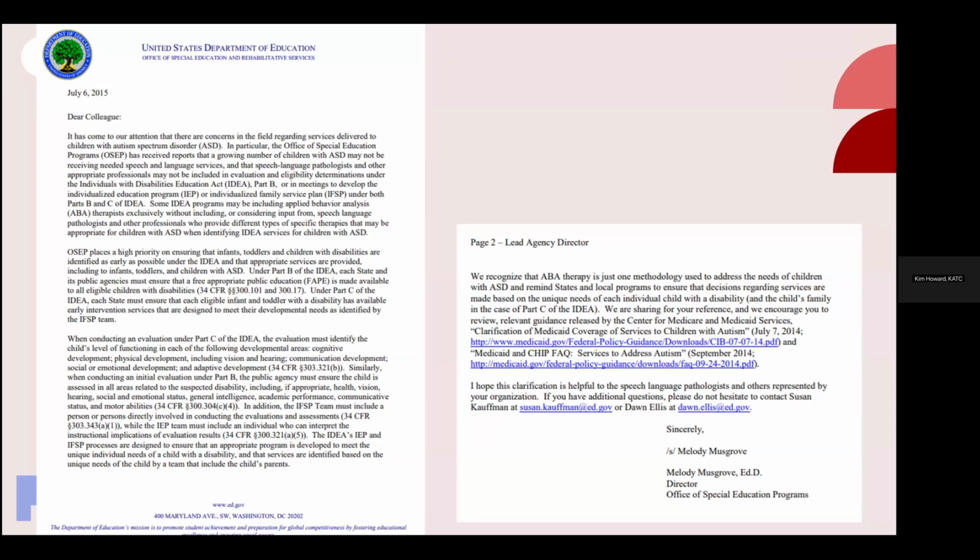And OSEP had received reports that a large number of children with ASD were not getting access to speech language services, and that speech language pathologists and other appropriate professionals were not being included in that evaluation and eligibility determination under IDEA, right? So that's why this is on here. Know that if you are determining an autism eligibility, you must include speech, even if they have great spoken language. And we'll talk about why that's so important in a little bit, right?